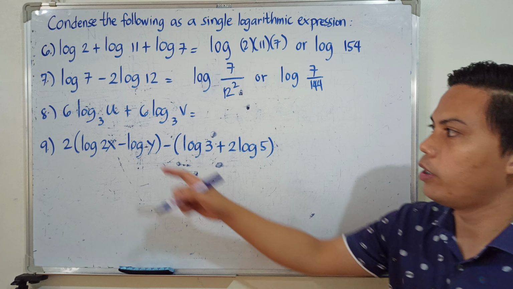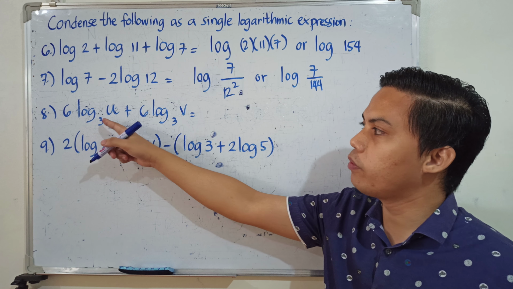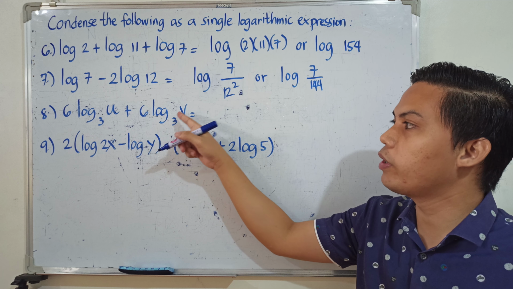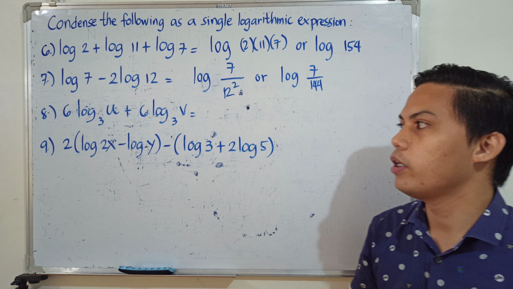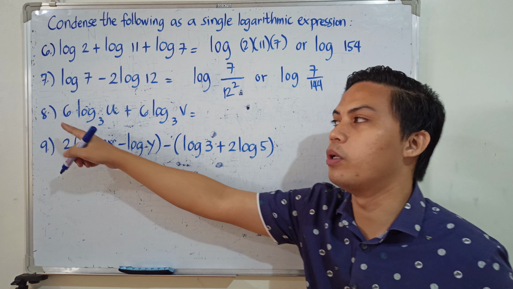How about number 8? We have 6 times the logarithm of u to the base 3 plus 6 times the logarithm of v to the base 3. So, product, and at the same time, we're going to make use of the power rule.